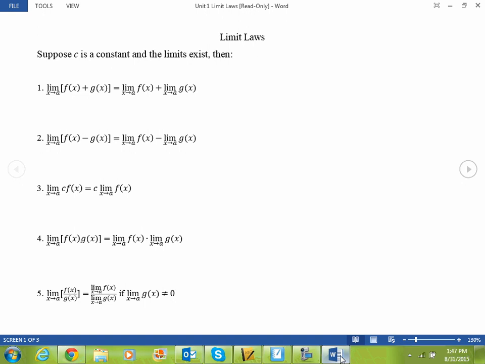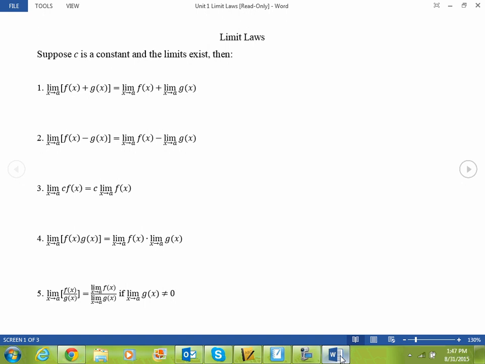If you're taking the limit as x approaches a of some constant times a function, you can just pull the constant out front and evaluate the constant at the end. If you are multiplying two functions, you can take the limits of each of those functions and then multiply those answers at the end. If you are dividing two functions, you can do the same thing.